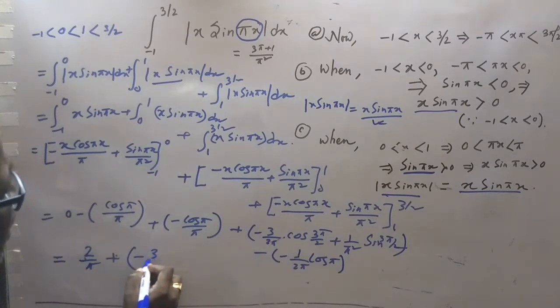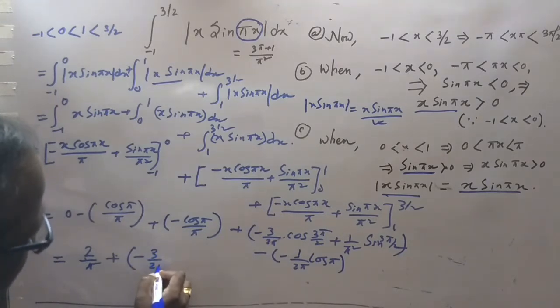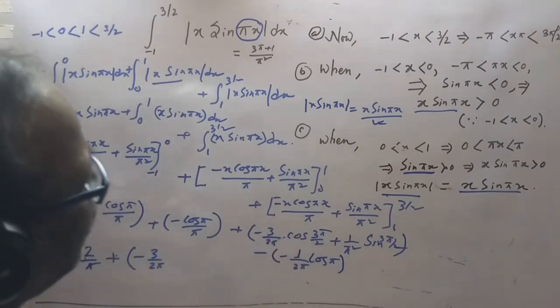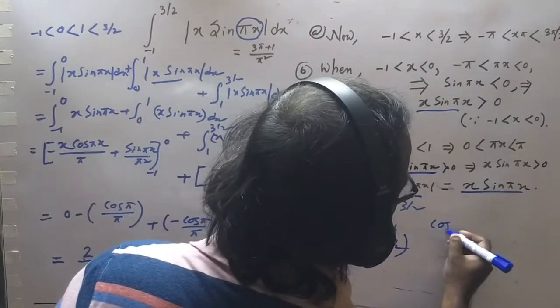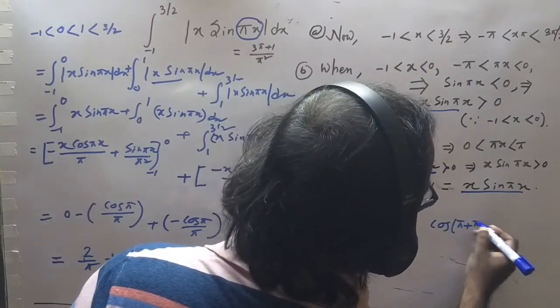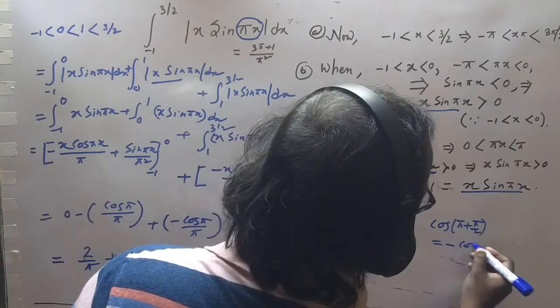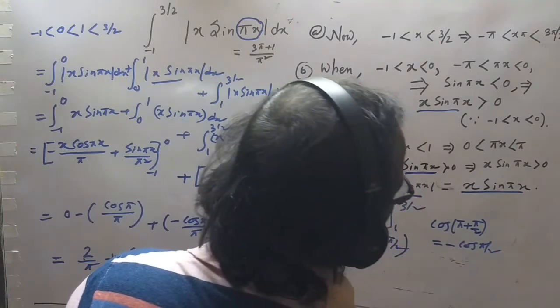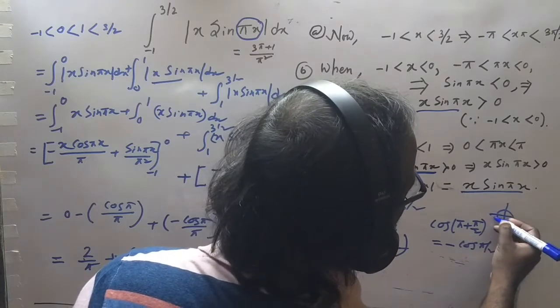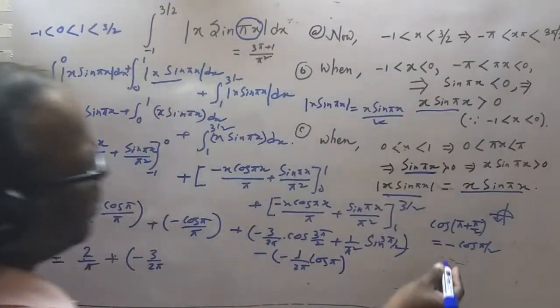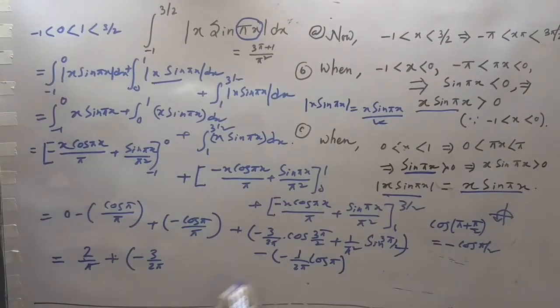Minus (3/2π) cos of π plus π/2, that is equal to minus cos(π/2), from here to this. So minus π/2, this is 0.